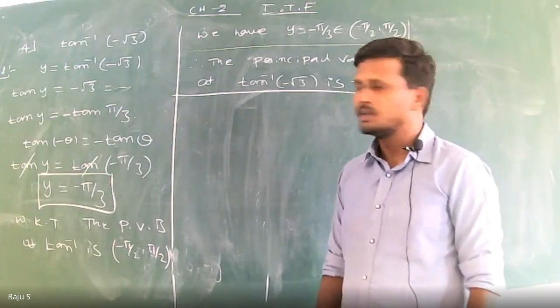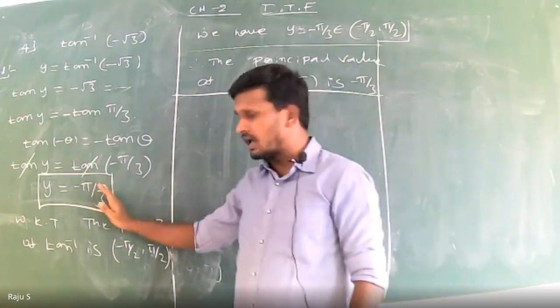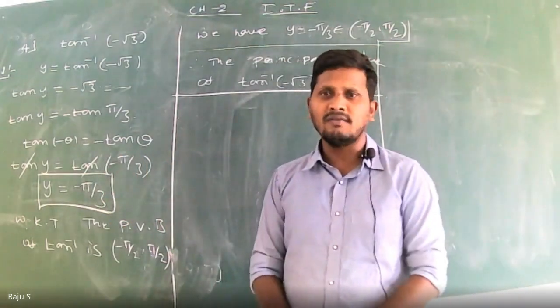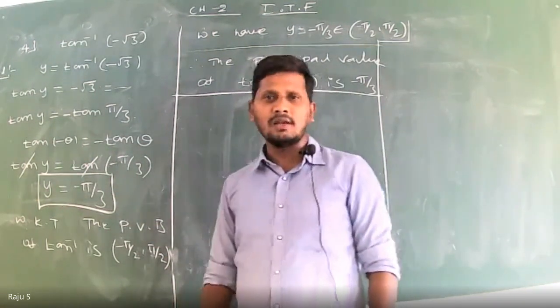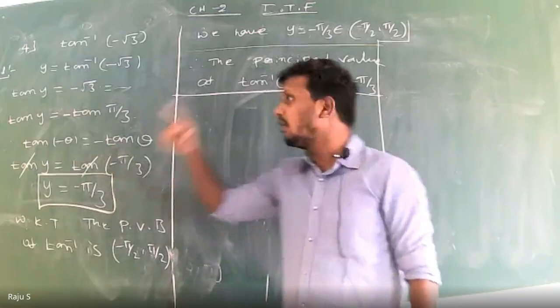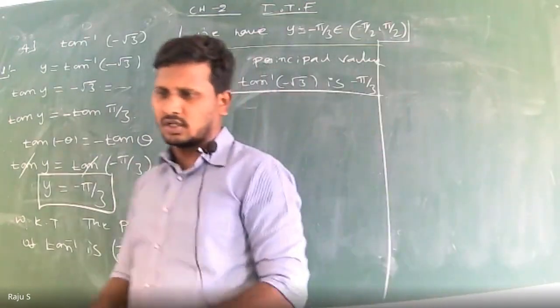Finally we get the y value. Then we check whether this y value belongs to the principal value branch. Yes, it does. So the principal value of tan inverse of minus root 3 is that. Okay, next question.